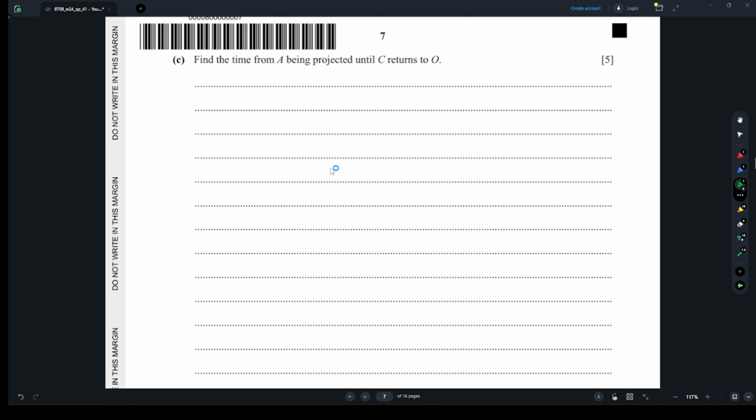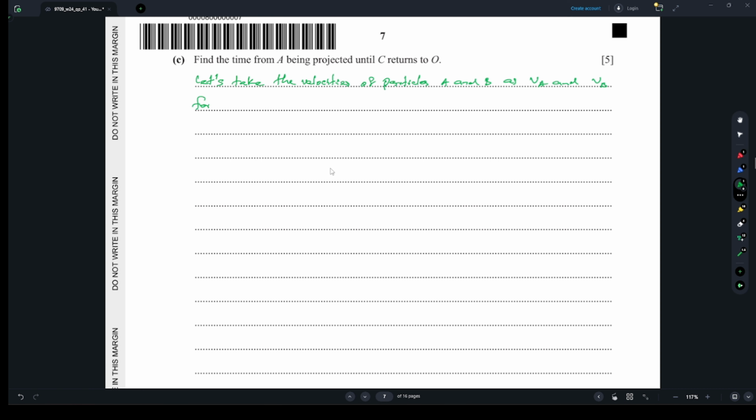So let's take the velocities of particles A and B as VA and VB.